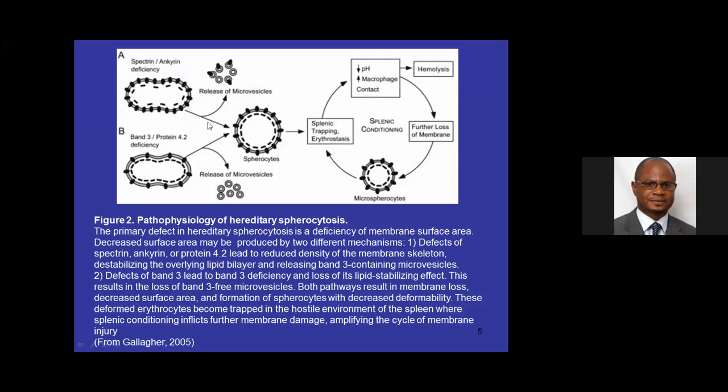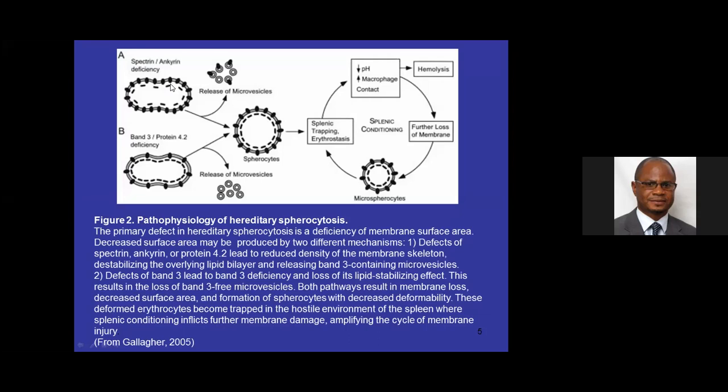I don't want to waste too much of your time here, but the cytoskeleton is what holds the cell up in its set structure or stature. So the cell is held up by the cytoskeleton, which is made up of ankyrin and spectrin proteins.